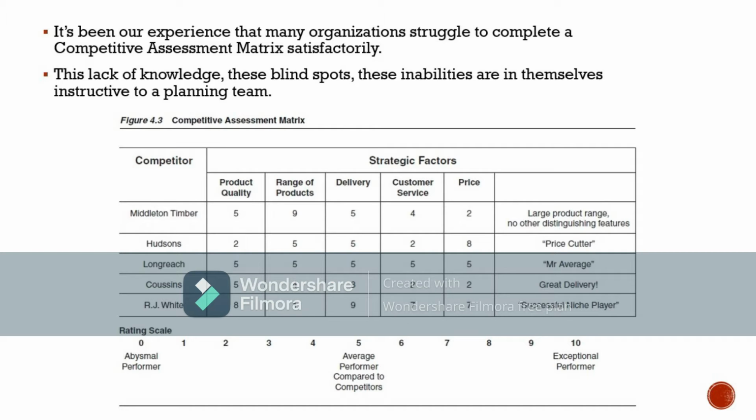An 11-point rating scale has been used. By employing this scale and a table such as this, your planning team can make an assessment of the performance of your organization or business unit relative to your competitors.